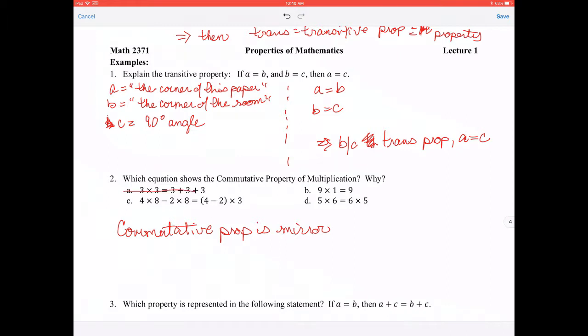Well, it's not this one. It's not this one. It's not this one, so it has to be D. So D shows that 5 times 6 equals 6 times 5, a reflection of itself.